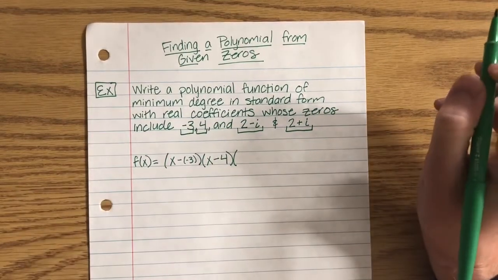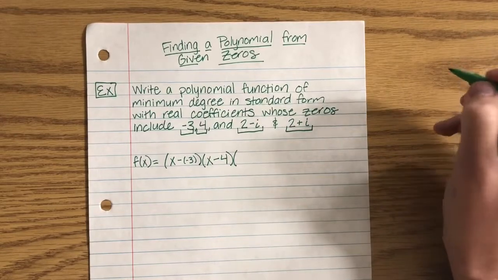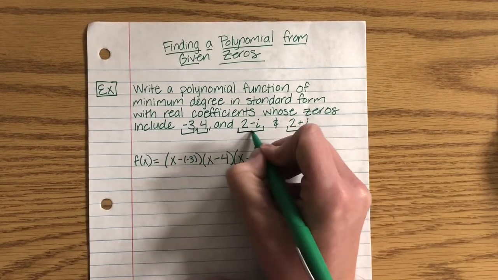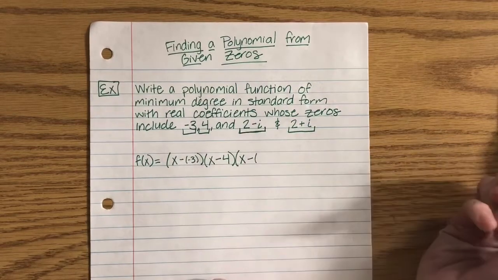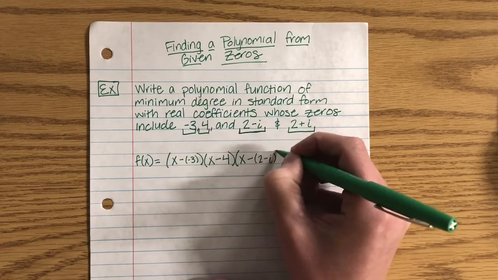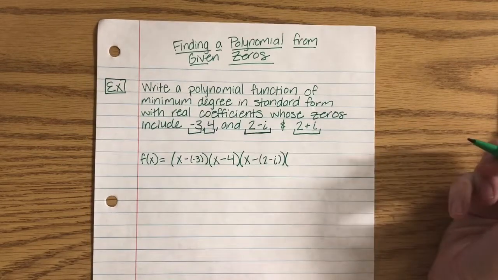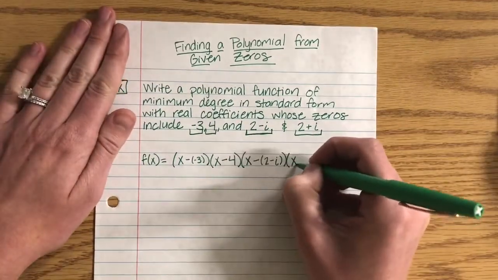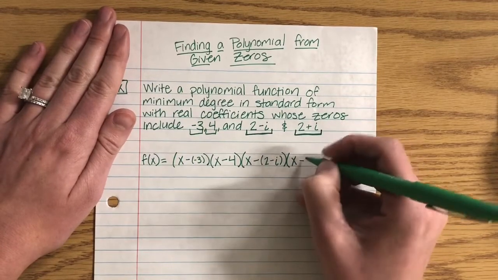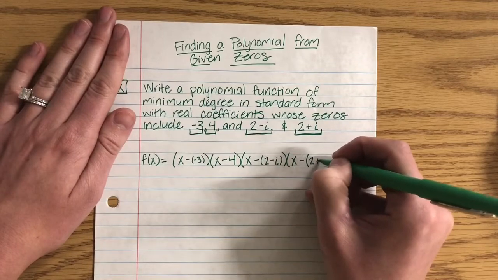And then here it can get a little tricky if we're not careful. This is going to be x, and then we're going to subtract this whole entire root, so we need to put another set of parentheses and make this 2 minus i. And then same thing here, x minus the whole root, so 2 plus i.